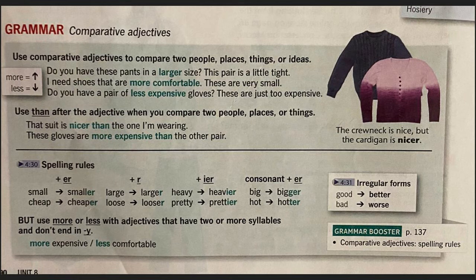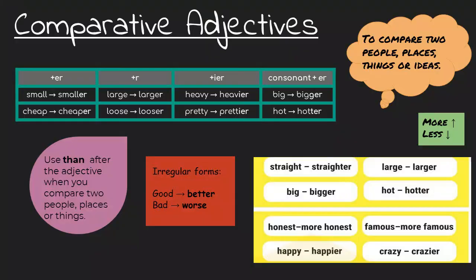So also we can use than after the adjective when you compare two people, places, and things. What does that mean? For example, I can tell you, my mom is older than my aunt, for example, right?